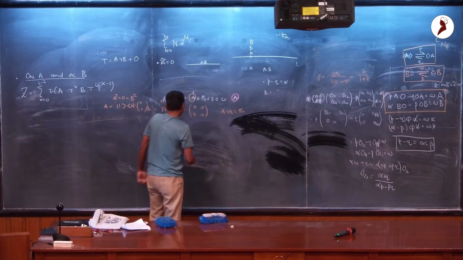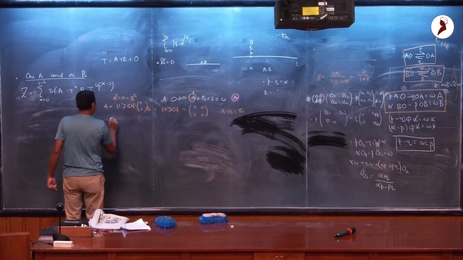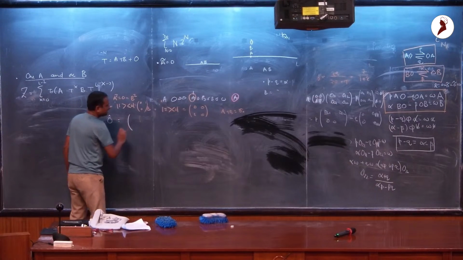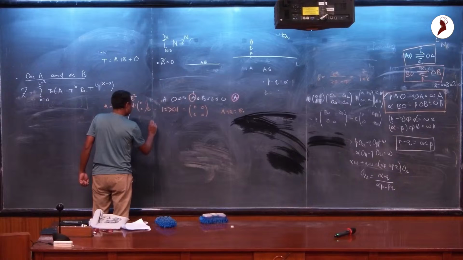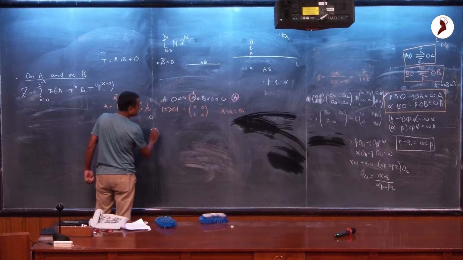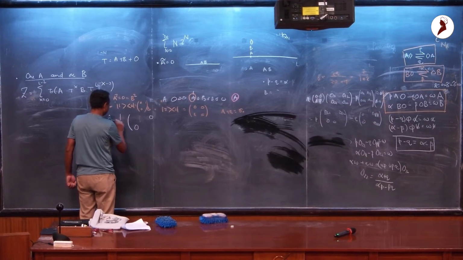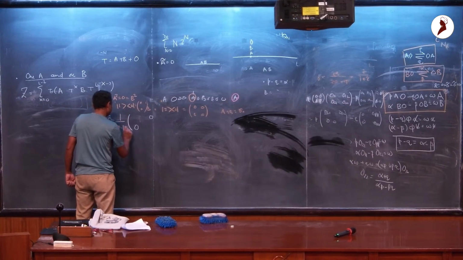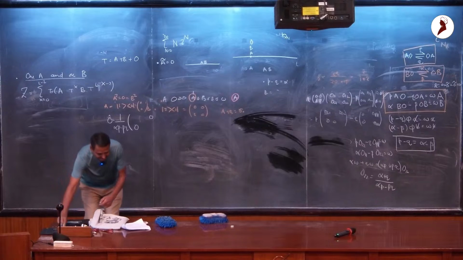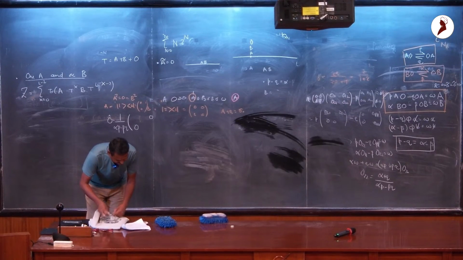Okay? So your matrix O will come out to be alpha, here this one is 0, this one is 0, and here outside you have 1 divided by alpha P minus beta Q. I will try to check whatever.